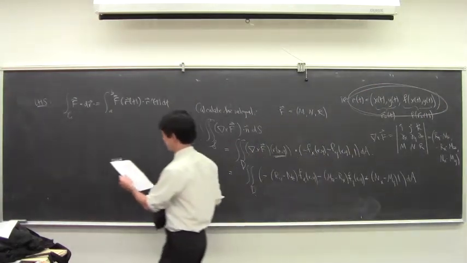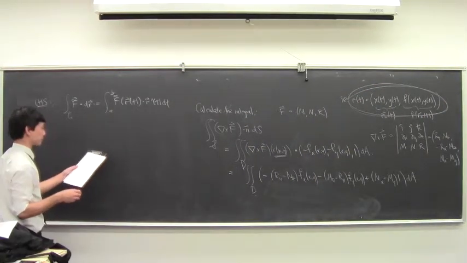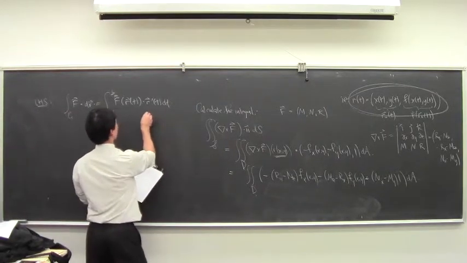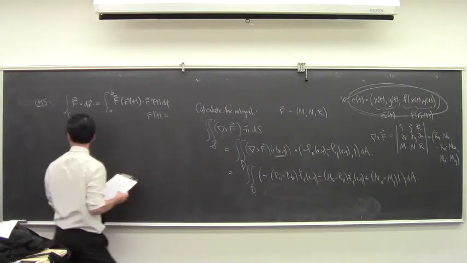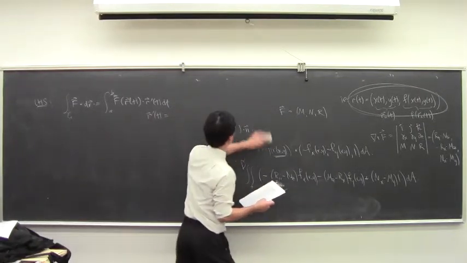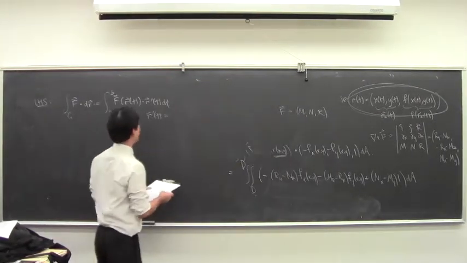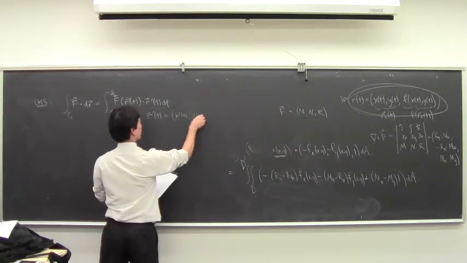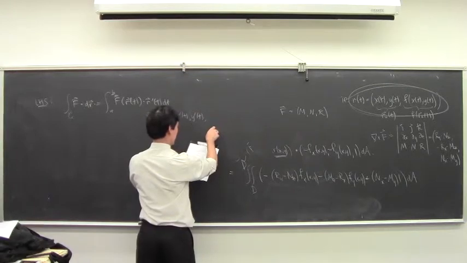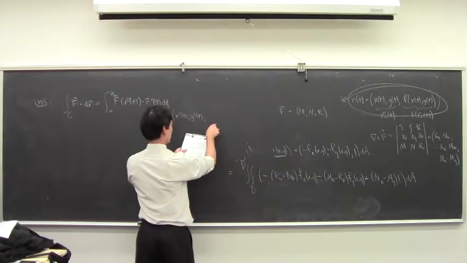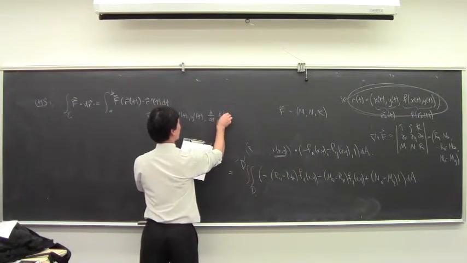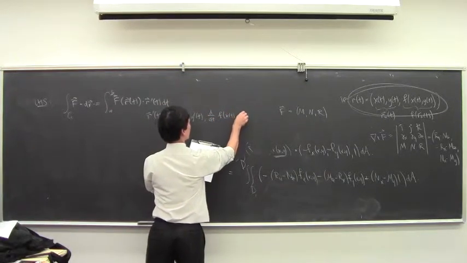R prime of t is going to be x prime of t, y prime of t, and then the derivative with respect to t of f of x of t, y of t.